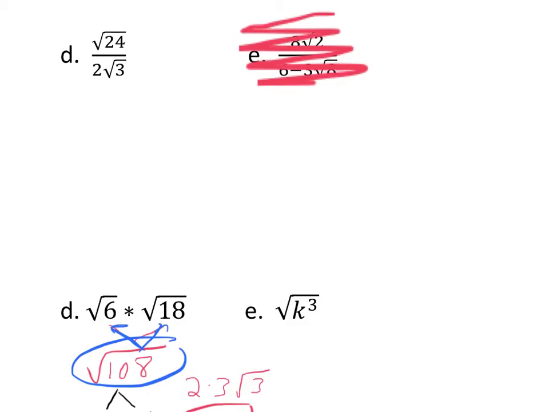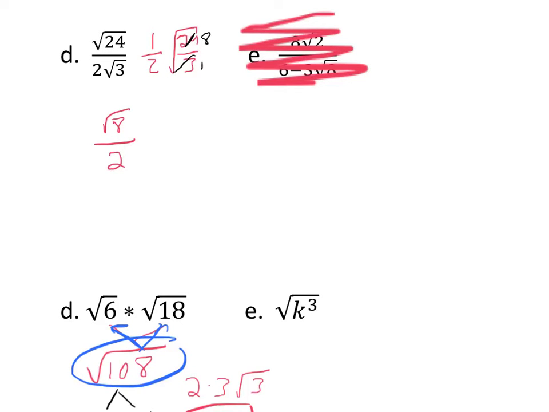And if we take this and write it as 1 over 2, and then we'll do the big radical, 24 over 3, and that does reduce. 3 goes into 3 once, 3 goes into 24 8 times, so this ends up being root of 8 over 2.